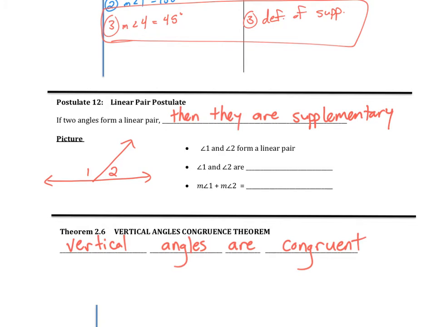So what this means is angle 1 and angle 2 are supplementary if they are a linear pair. And also, measure of angle 1 plus measure of angle 2 is equal to 180 degrees. So a linear pair is supplementary, and if it's supplementary, they add to 180.